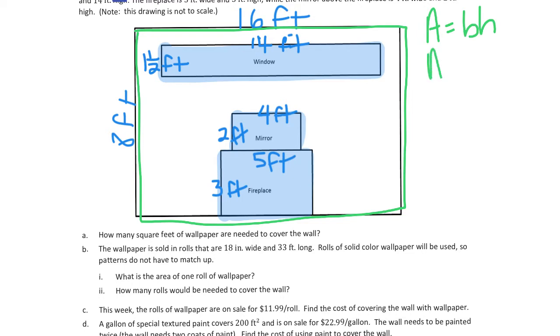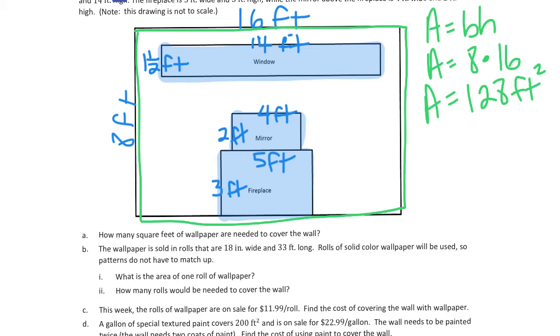So area equals 8 times 16. So I grab my calculator and I plug that in and I get 128 feet squared.